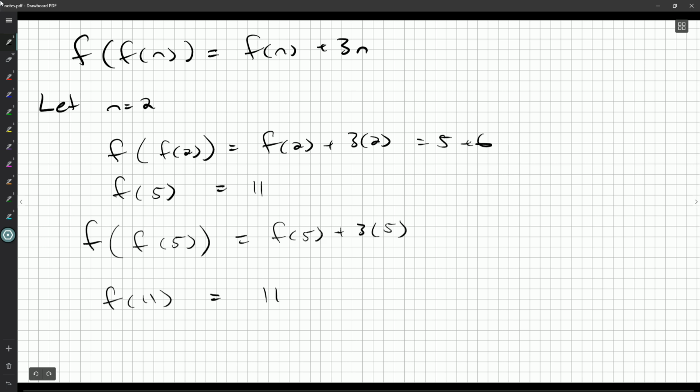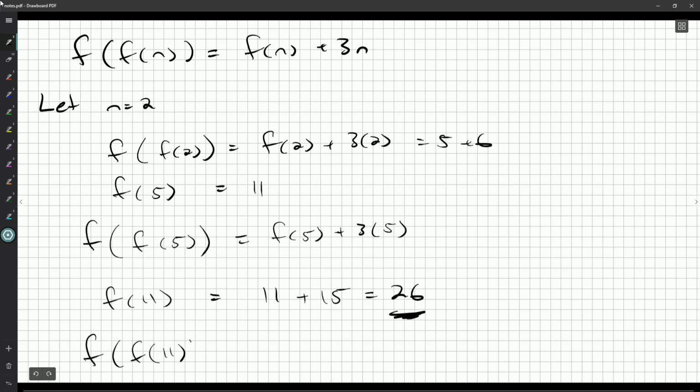So that'll be 11 plus 15. So that'll be 26. And that's kind of nice. When we see that, we think, oh, great. If I do this one more time, I'm going to get the f of 26 that they're talking about. Fantastic. So let's do it one more time.